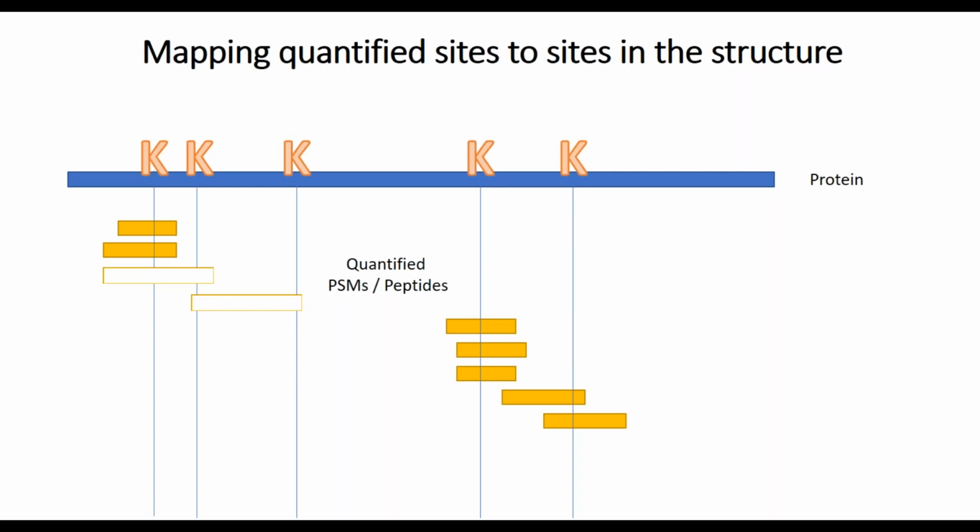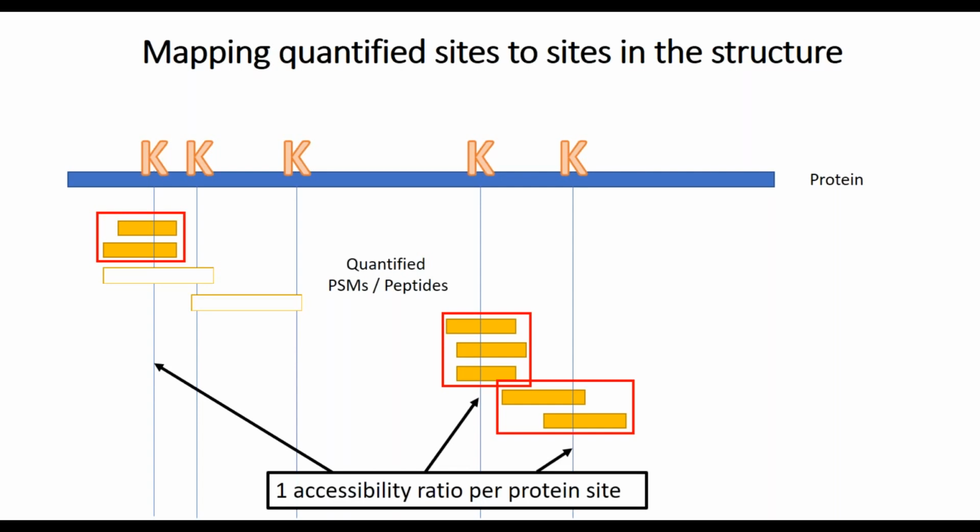But sometimes these peptides have more than one lysine, so we have to take only the peptides that contain only one lysine, because as you can see here, for the peptides in white, we don't know in which proportion each site, each lysine, is contributing to the final ratio that we have. So we have to filter the peptides in that sense, and then have one accessibility ratio per protein site.